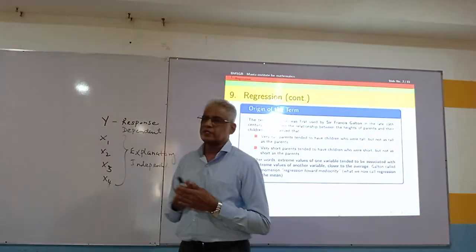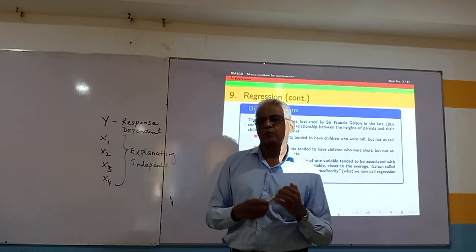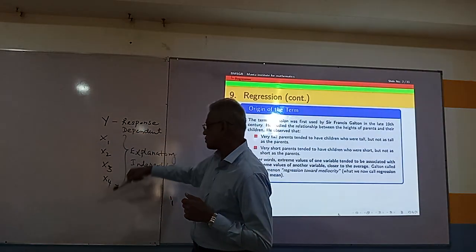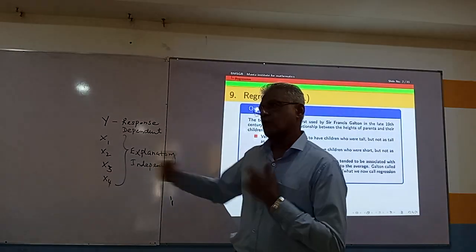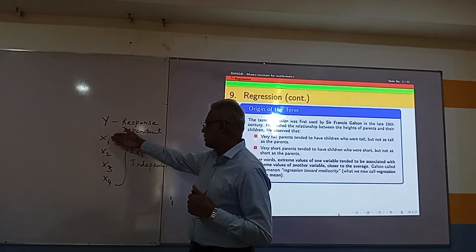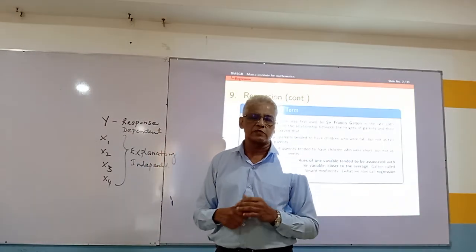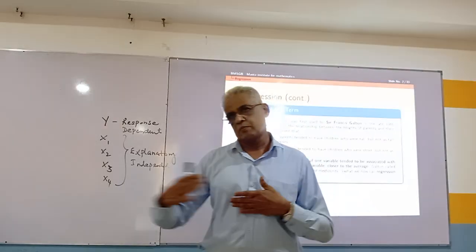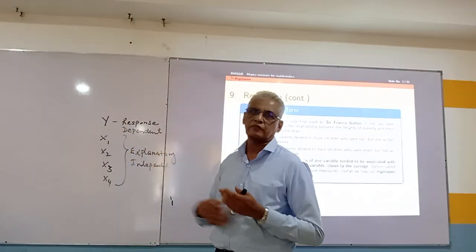And once you do that, of course you are doing it using a certain type of model. You are modeling y as a function of x's. Maybe you identify only x1 and x2 as the associated variables, then you will have a model equation saying y is equal to some function of x1 and x2.